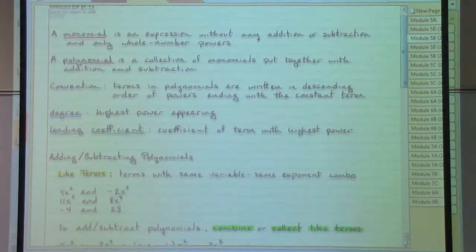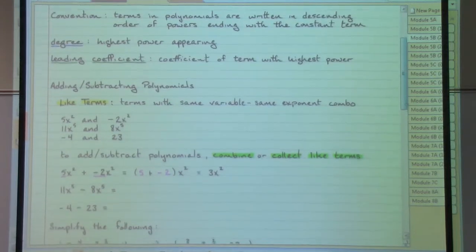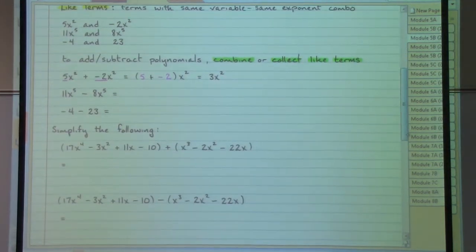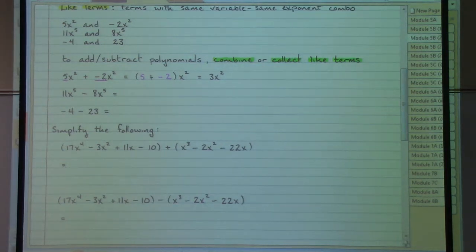So we're doing things that we've already seen a little bit of, and we're going to take a look at two specific examples, one for adding, one for subtracting. But remember that the basic idea here is like saying the 11x to the power of 5 minus the 8x to the power of 5 would end up giving us 3x to the power of 5.